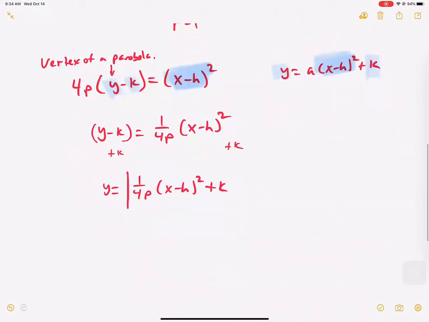Okay. So it turns out this a value really is our 1 over 4p. So p is that value we're going to say is the distance away from our vertex.